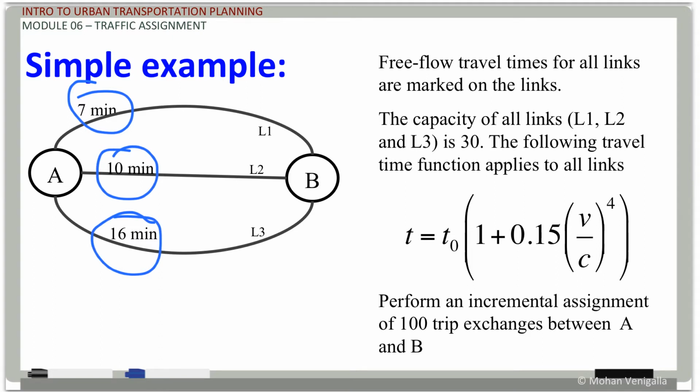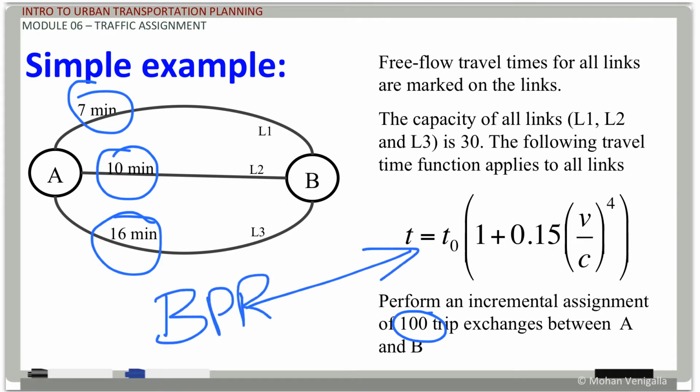The trip exchange from A to B, we are only doing A to B to illustrate this, is 100 trips. And recognize this is your BPR function, which indicates travel time as a function of volume to capacity ratio and free flow travel time.